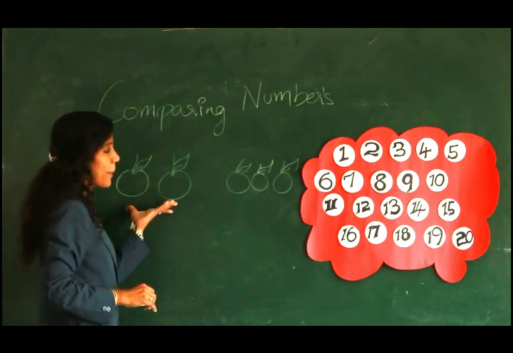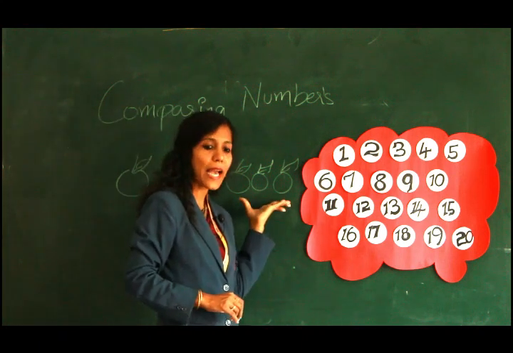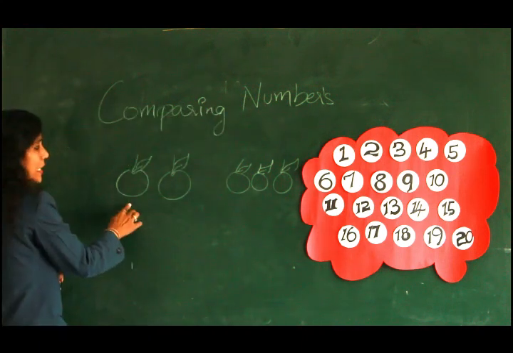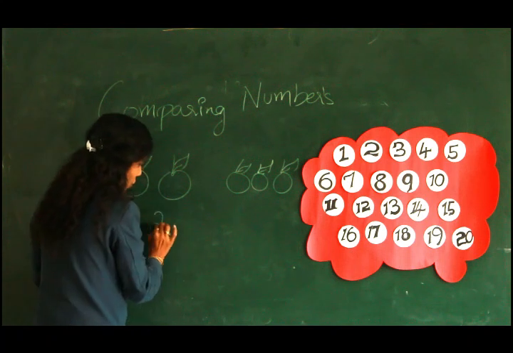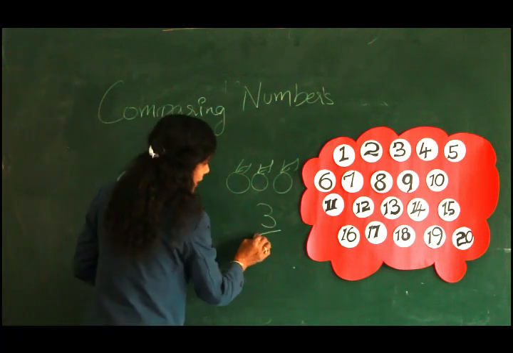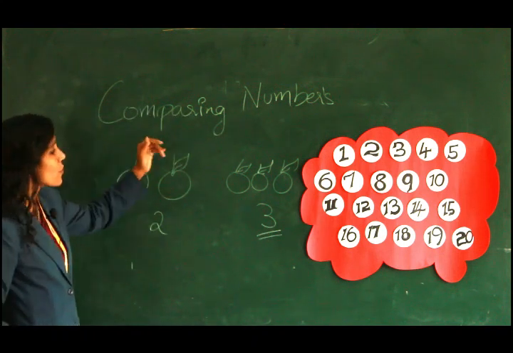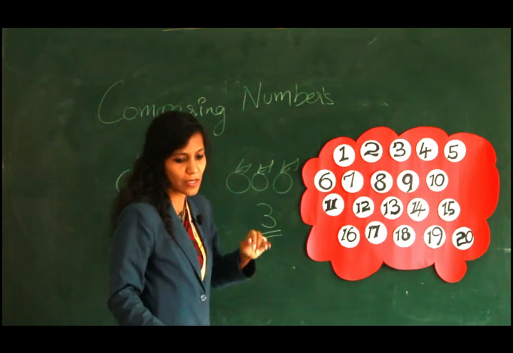So here we have to compare, is these 2 apples more or these 3 apples? So which one is more, 2 or 3? Definitely 3 is more. So here you are comparing a set of 2 apples with a set of 3 apples.